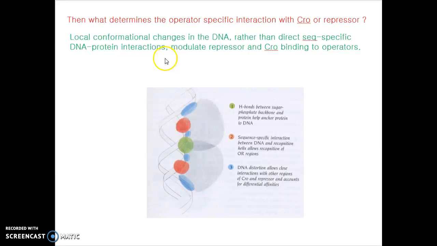A very interesting aspect about the protein-DNA specific interactions: local conformational changes in the DNA rather than direct sequence-specific DNA-protein interactions modulate repressor and core binding to operators.